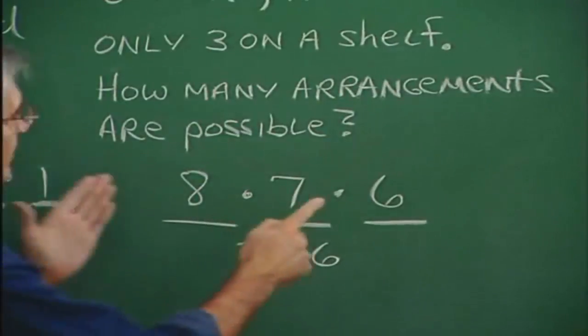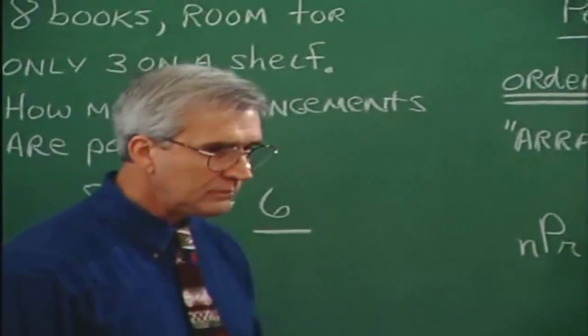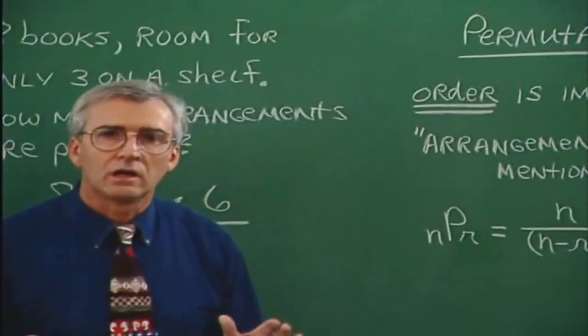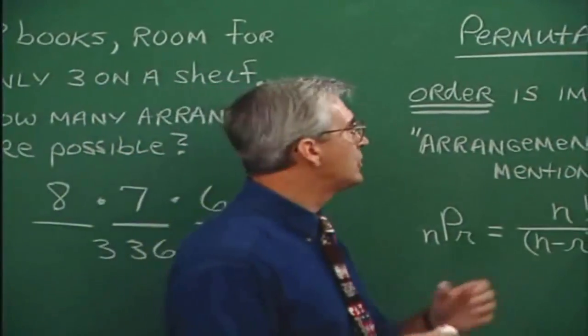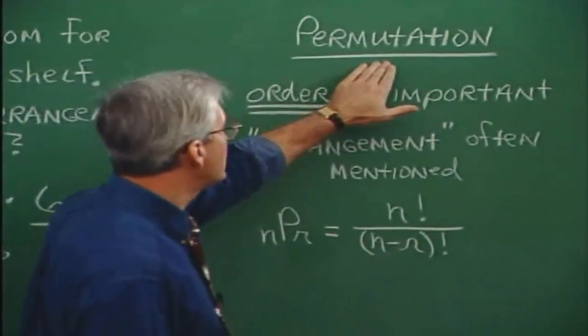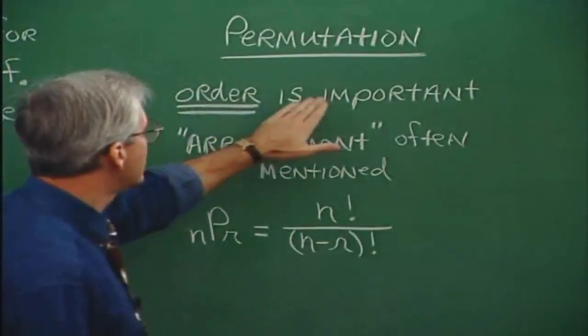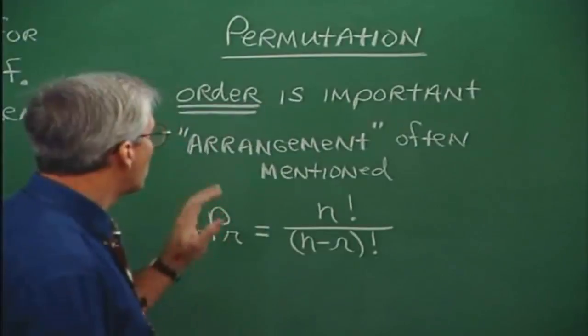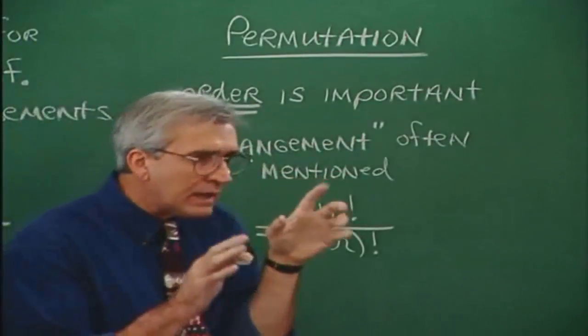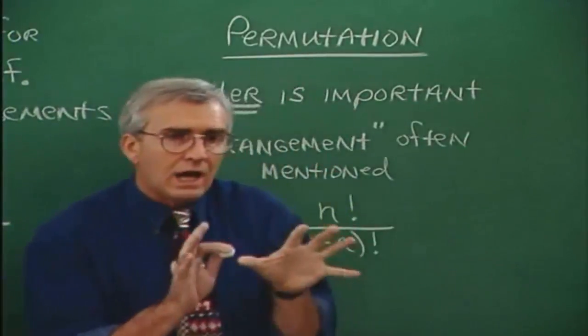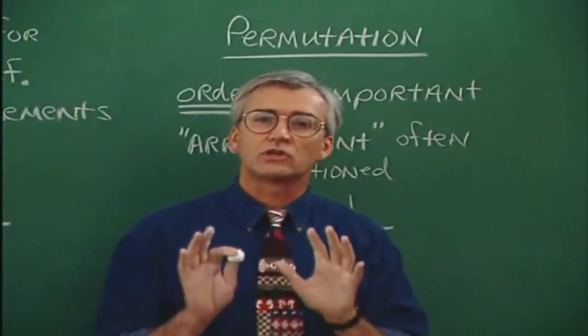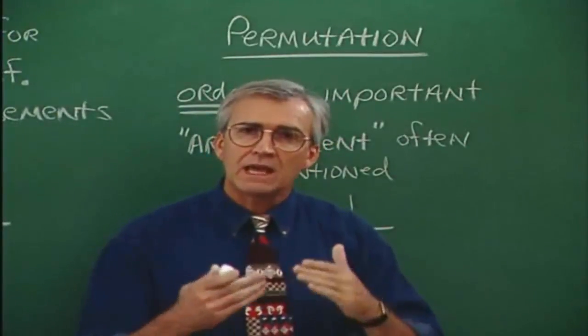Now, all of what we've been talking about is the notion mathematically of permutation. When we talk about permutations, order is important. And whether we have importance of order or not is going to be important for us to determine when we make calculations.